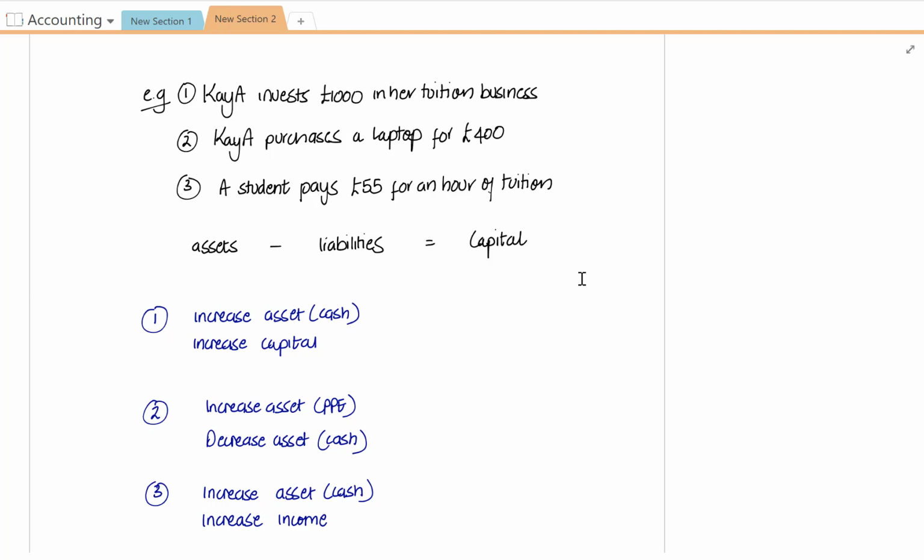So instead of using increases and decreases, let's turn those into debits and credits and start thinking about accounting jargon. So earlier we had KA investing £1,000 in her tuition business, and we all agreed that that would be an increase to an asset and an increase to capital. Obviously that £1,000 being banked in her business bank account. So applying dead click, let's just write it here on the side. Okay, so we've got a reminder.